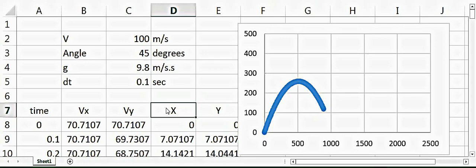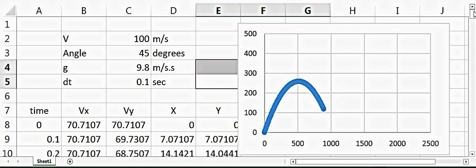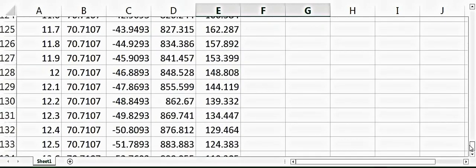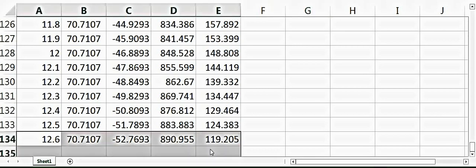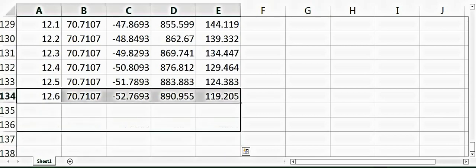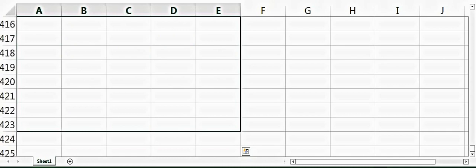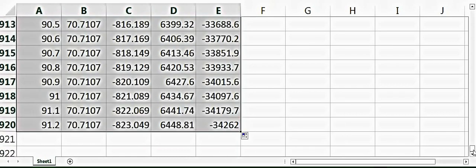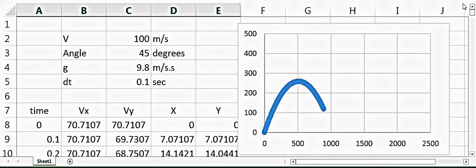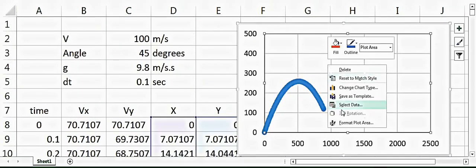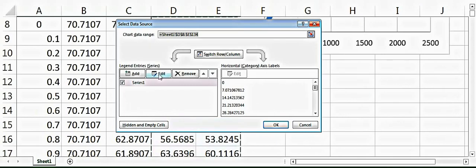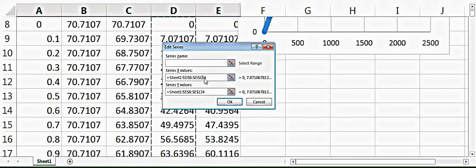Here I will increase the range to, suppose, 1000 points. Select data, edit, and say 6 and 6. So now we can look at this again.